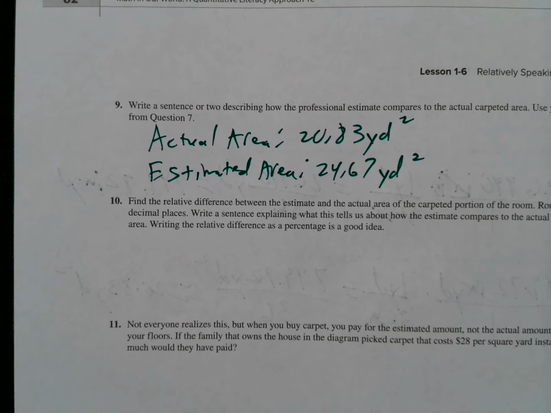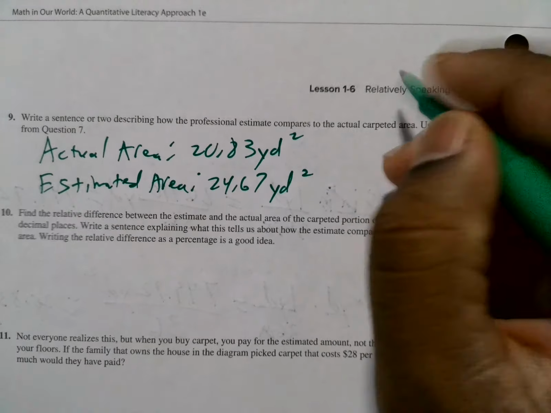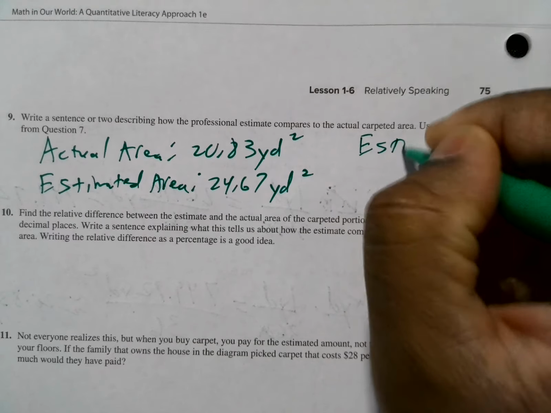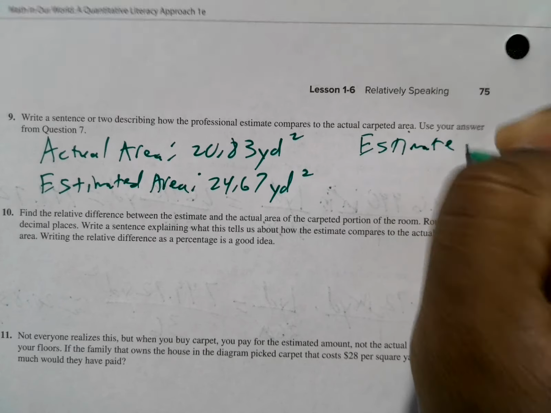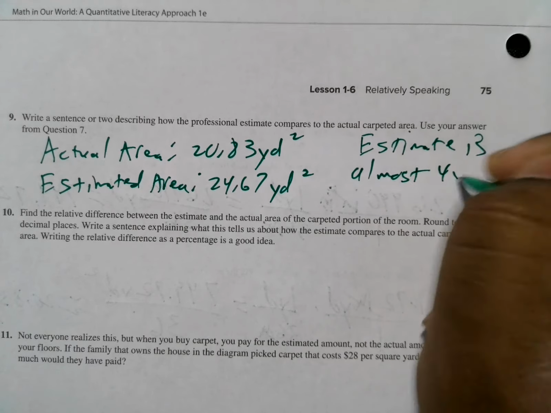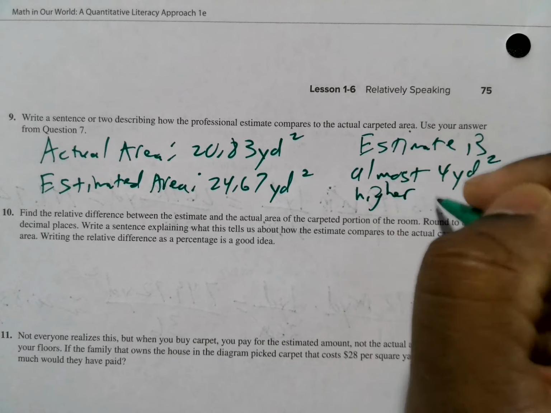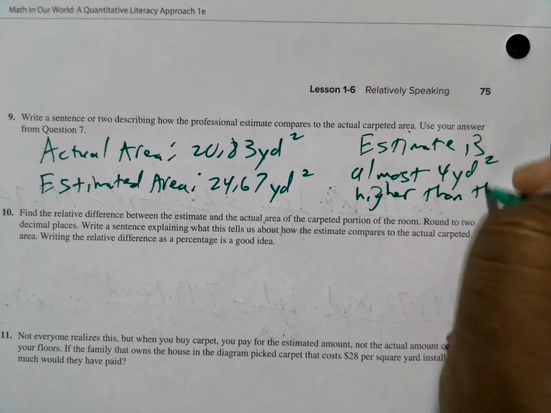So that's where we had got that estimate from. Okay, so now, if we look here, the actual area and the estimated area, the estimate is almost 4 square yards higher than the actual.